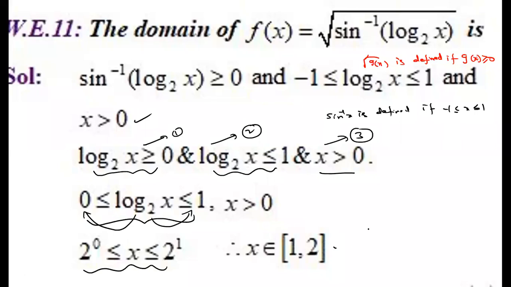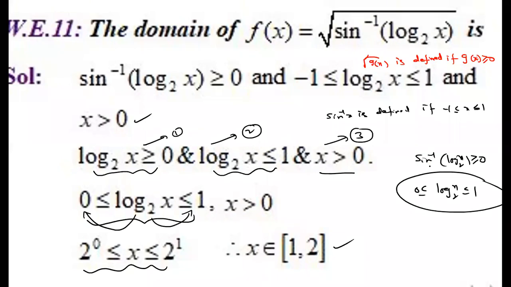That is the result: x belongs to the closed interval 1 comma 2. Why? Because here I am writing sine inverse of log x greater than or equal to 0, so -1 is not possible now, 0 to 1, that is the meaning. Like this you can write 0 to 1 directly.